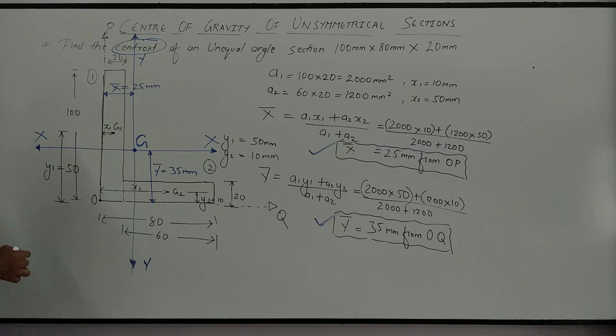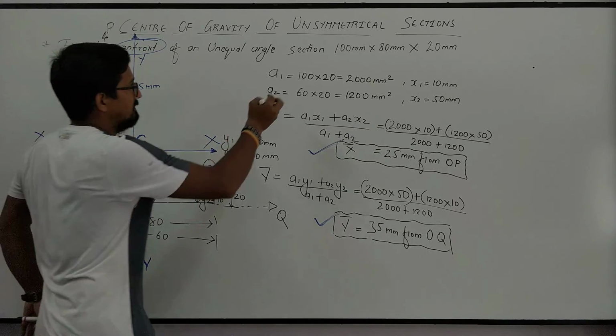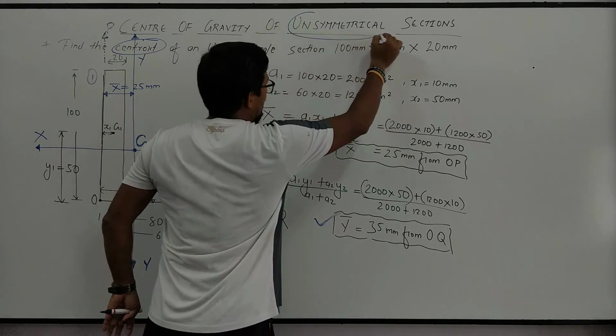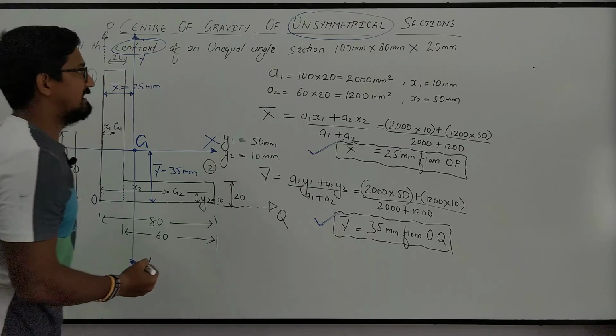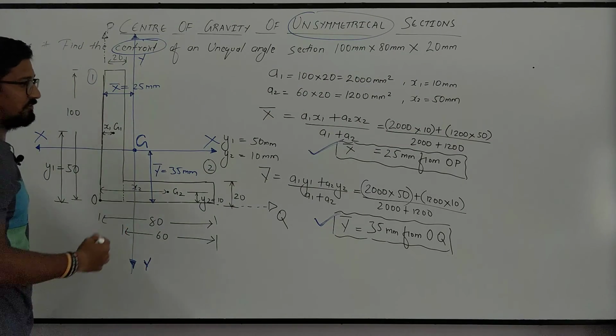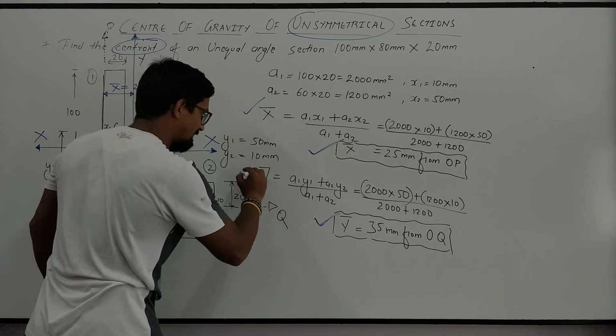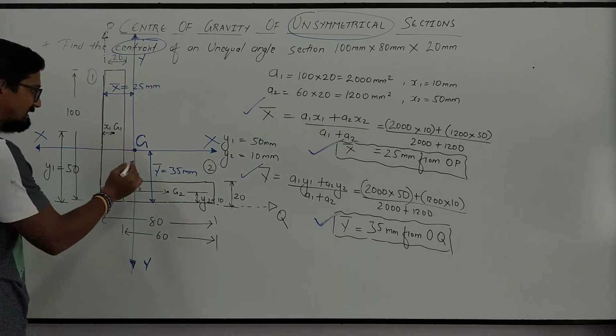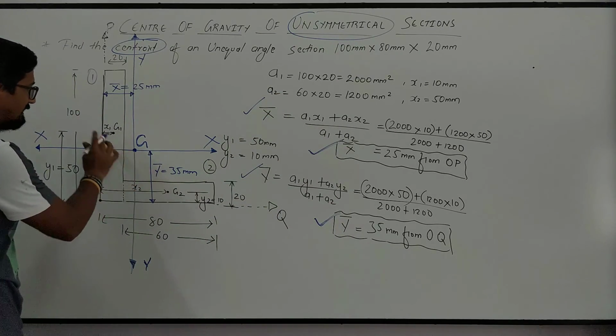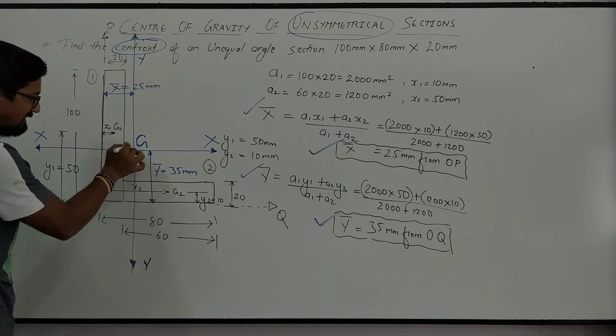So you can see that this was a problem of an unsymmetrical section, correct? So we have to calculate both x bar and y bar, and we can see that the CG is located somewhat outside the section.